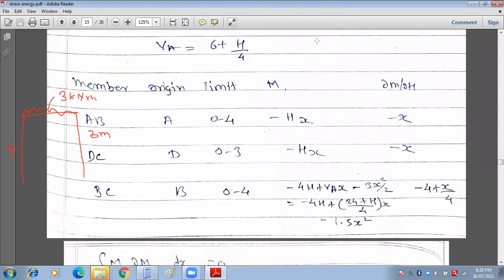Here this one is A, this one is B, C, and D.